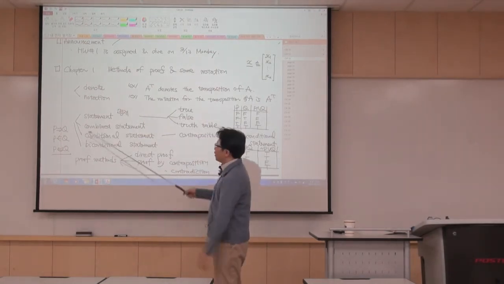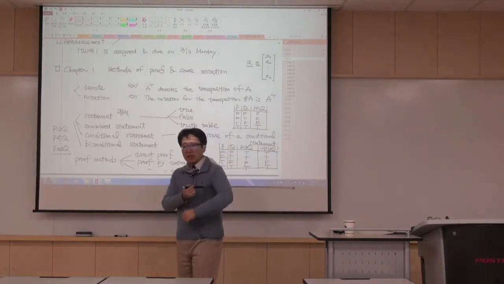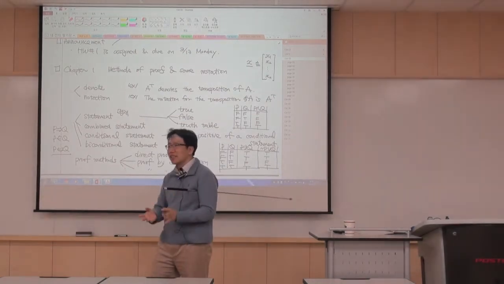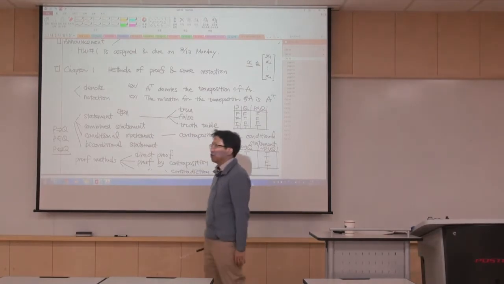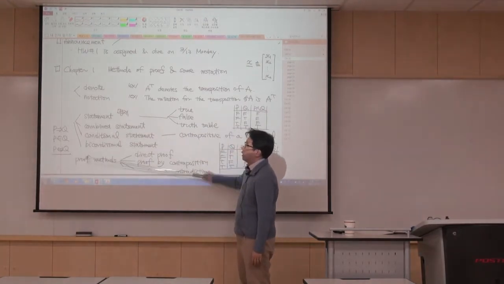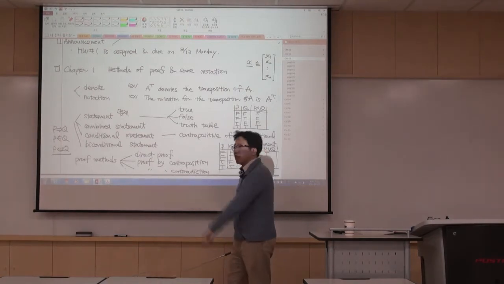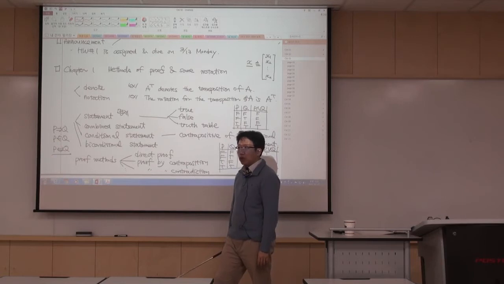Actually, this comes first, and then probably the scholars, Japanese scholars in the Meiji era, translated these English or sometimes German or French mathematical terminologies into Chinese characters, and many of them we still use. Got it? Okay.